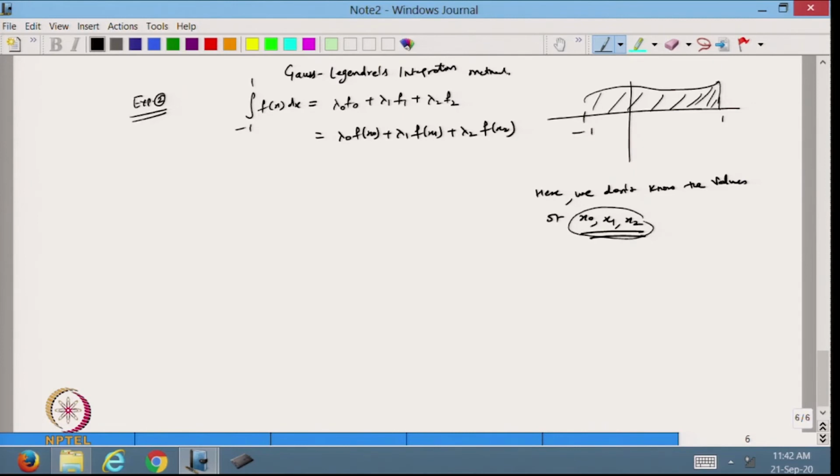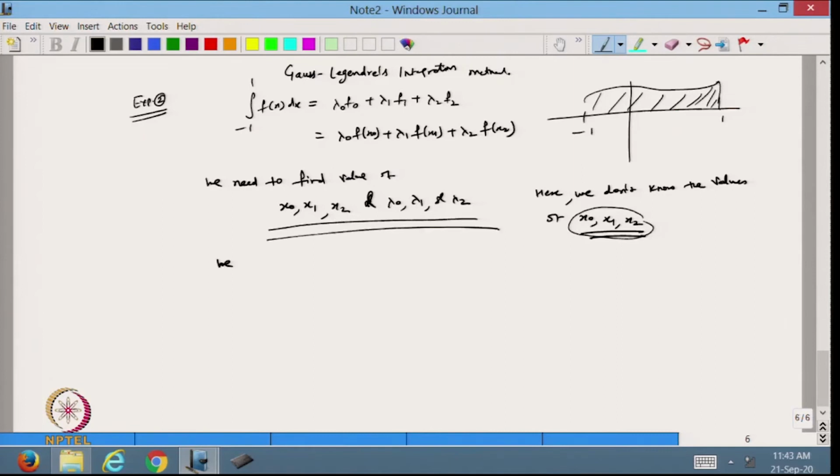So, in this case I have 6 values to find out. So, we need to find the values of x 0, x 1, x 2 and the coefficients lambda 0, lambda 1 and lambda 2. So, 6 coefficients we need to find.